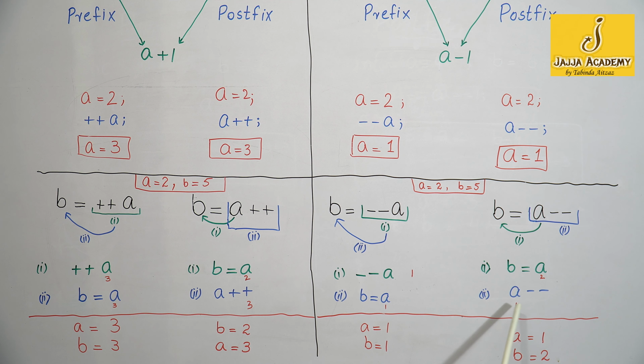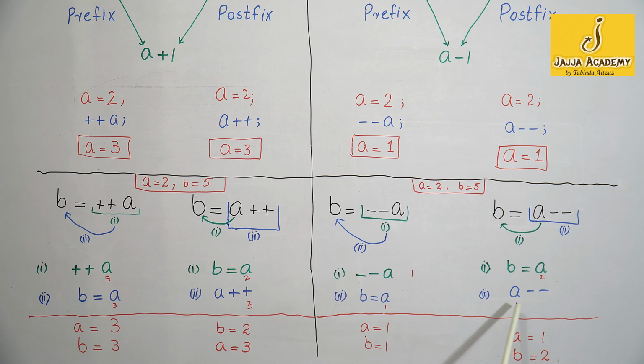Now I'll summarize the concept I was trying to deliver. The point is, when the increment operator is used without any other operator, then the output of prefix form and postfix form is the same. But when the increment operator is used with another operator, then the output of prefix and postfix form will be different.